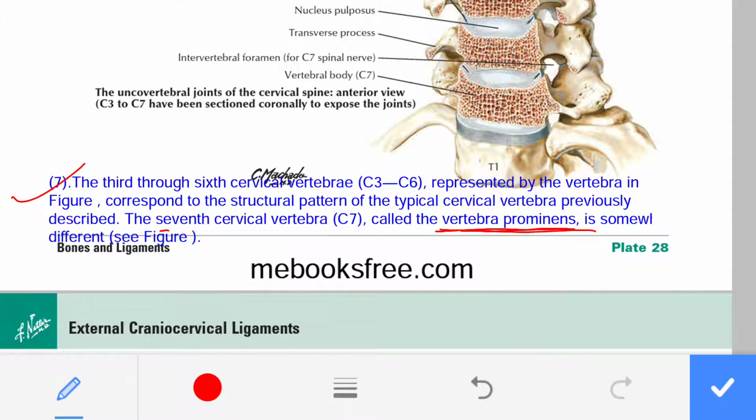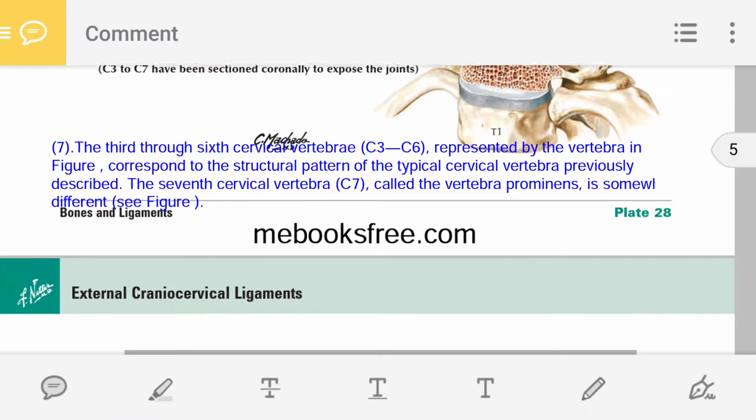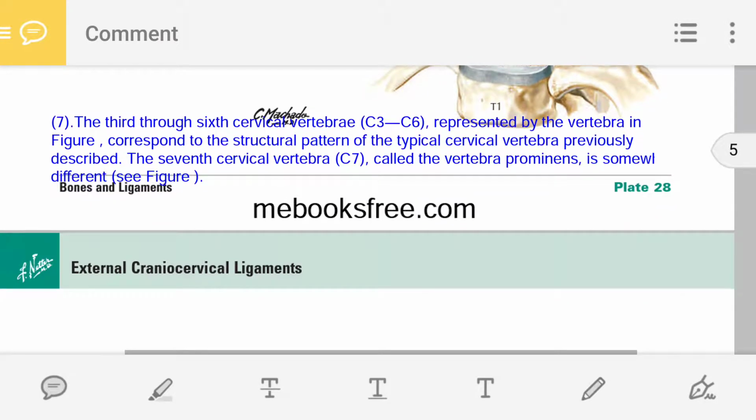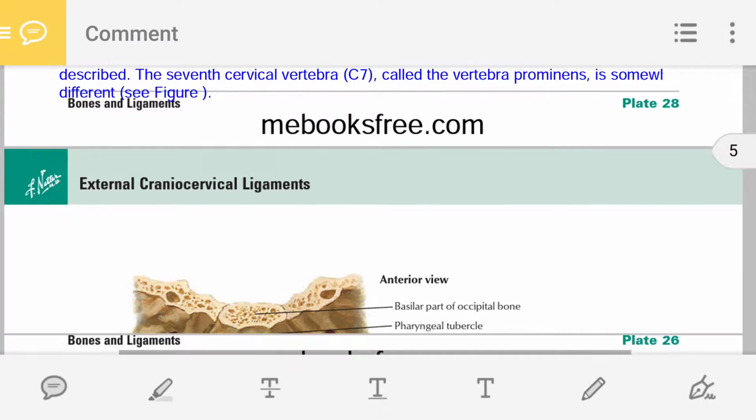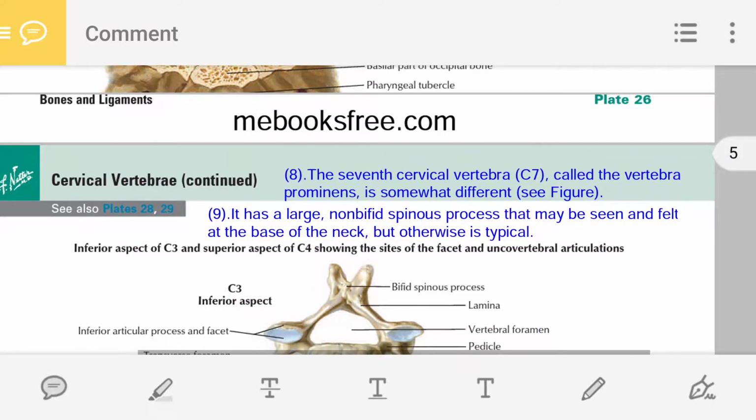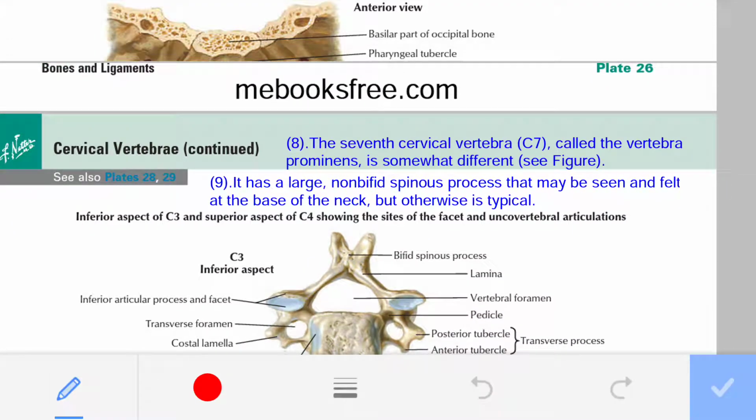It has some different characteristics, so we can say the seventh vertebra is somewhat different. Now, how does this seventh vertebra differ from the rest of the cervical vertebrae? That point I am discussing with you. This is the eighth point of our discussion.